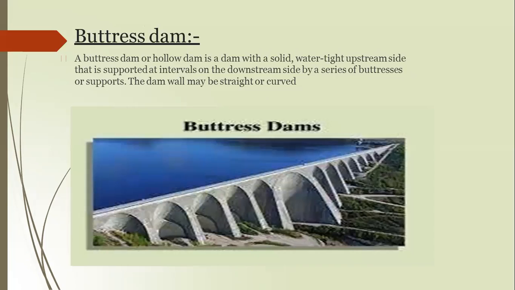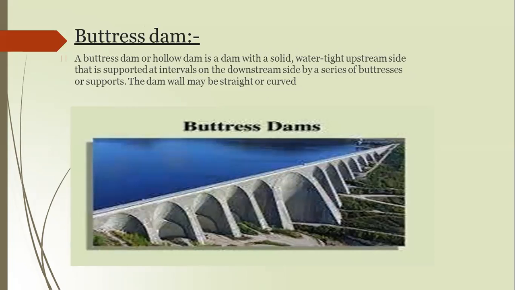Now another type of dam here is the buttress dam. What is this buttress dam? Segments are there, and those segments have a certain interval, as you can see in this picture.